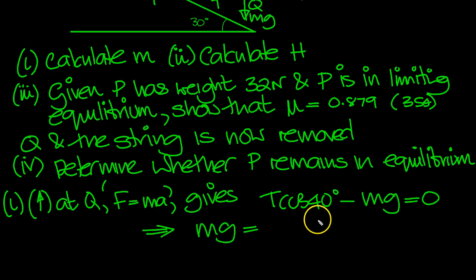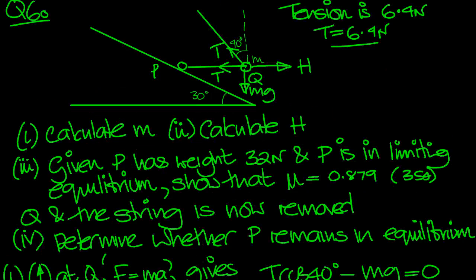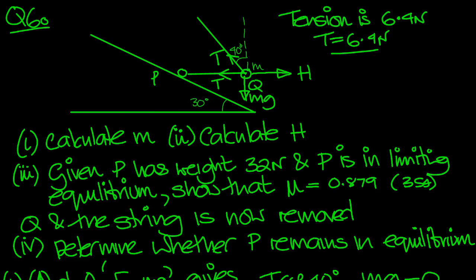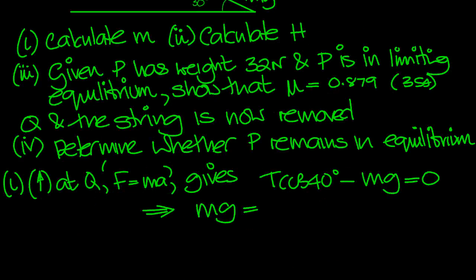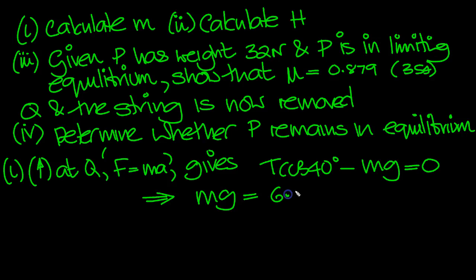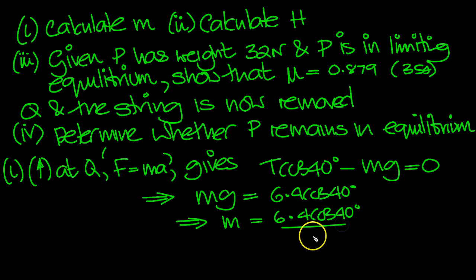T is 6.4 from the question. Put that in. So it's 6.4 cos 40. So m is equal to 6.4 cos 40 degrees divided by g.